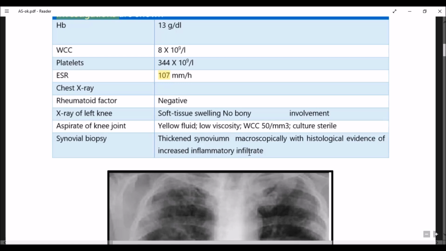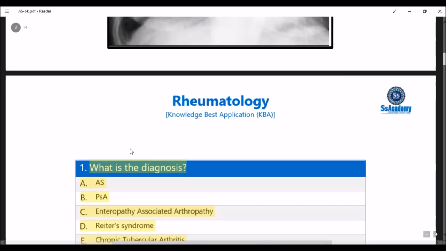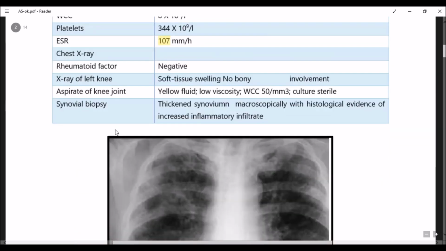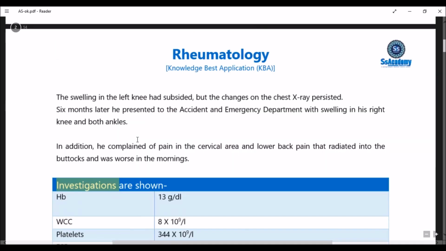So only inflammation in the synovial biopsy. So having an ESR, X-ray of the left knee, aspiration of the left knee joint and synovial biopsy don't give any features here, alright, ankylosing spondylitis more likely.